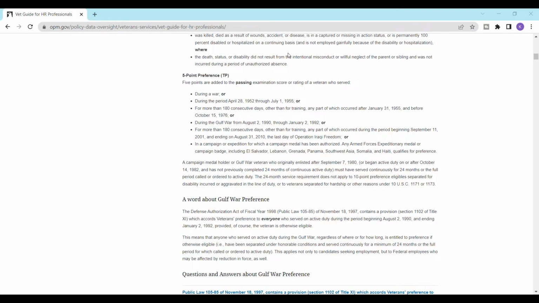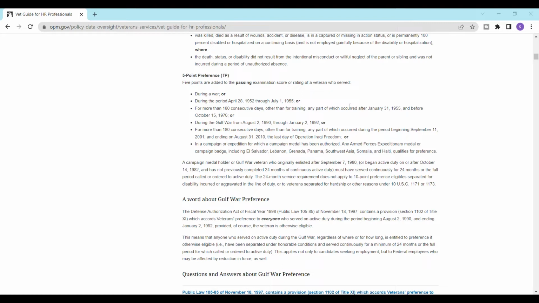Here you can see I have the eligibilities pulled up for TP, which only provides you 5-point preference. The way the points are used is only towards your rating score. So when you take a questionnaire, when you apply for the position, there are a lot of questions that ask you to rate yourself between having no experience but then being an expert and everything in between. Those are called rating questions.